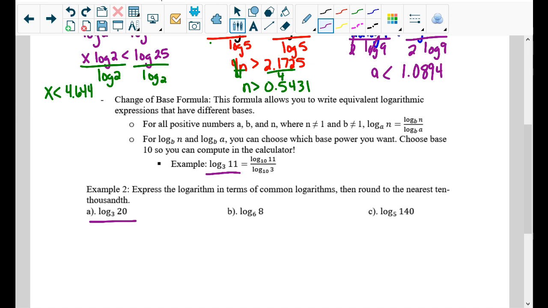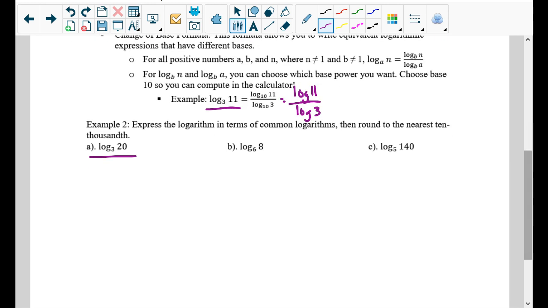Log base 3 of 11 is the same as saying common log of 11, divided by log 10 of 3. And in our calculator, it's just going to be log 11 divided by log 3. So we're taking this big number, and then dividing it by the log of the base. So when I look here in example 2, that's all we're doing. We're just going to figure out how to calculate this in my calculator.